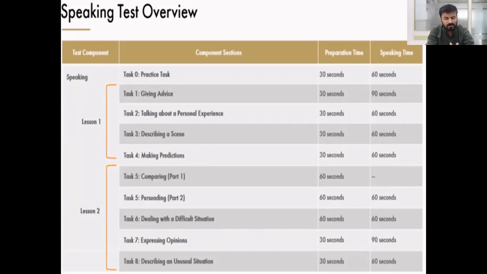When those 30 seconds begin, you have to start analyzing what all objects are present in that particular picture. Then when the response time begins, you have to start framing your response, including the introductory part, and you have to describe all the key points that are focused upon in that picture. So that is the third task.